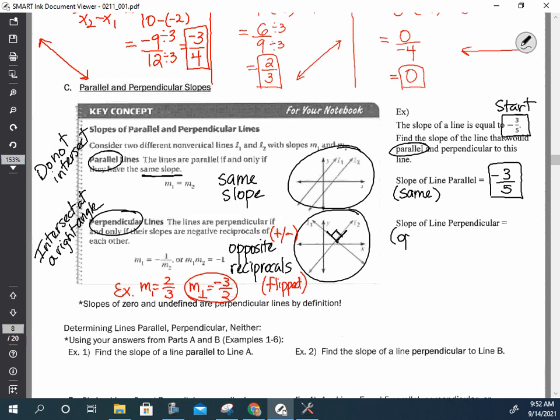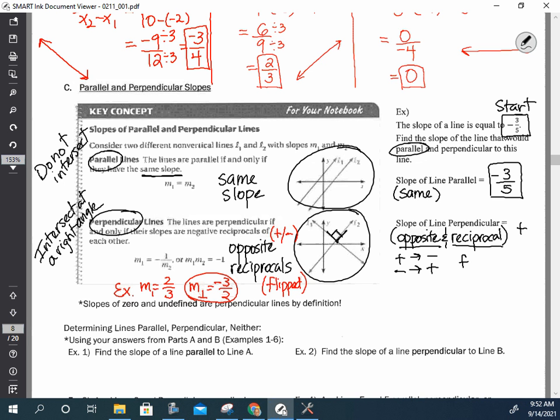Perpendicular means opposite and reciprocal. That's where most people mess up this problem. They do one and not the other. You must do both. So opposite means either change from positive to negative or change from negative to positive. In this case, it was negative, so we're making it positive.